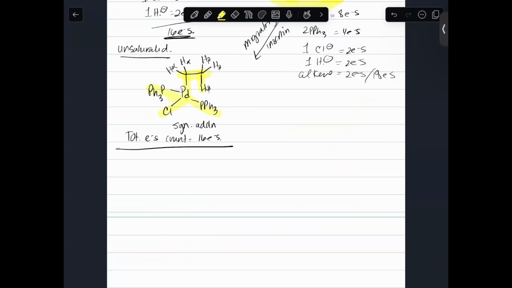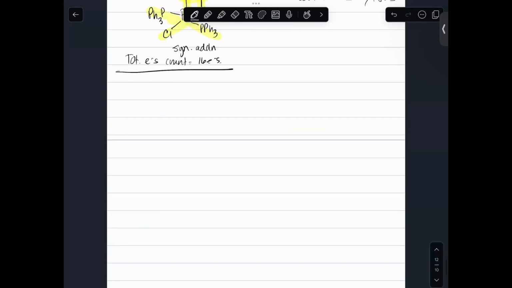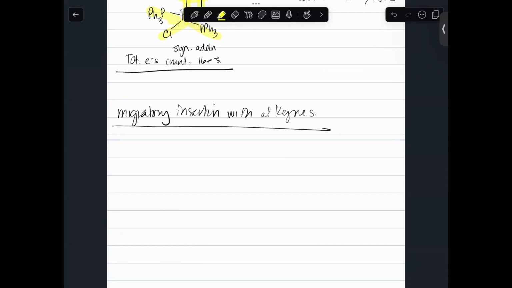Now let's do migratory insertion with alkynes. We'll go back to migratory insertion with alkenes, specifically substituted alkenes.